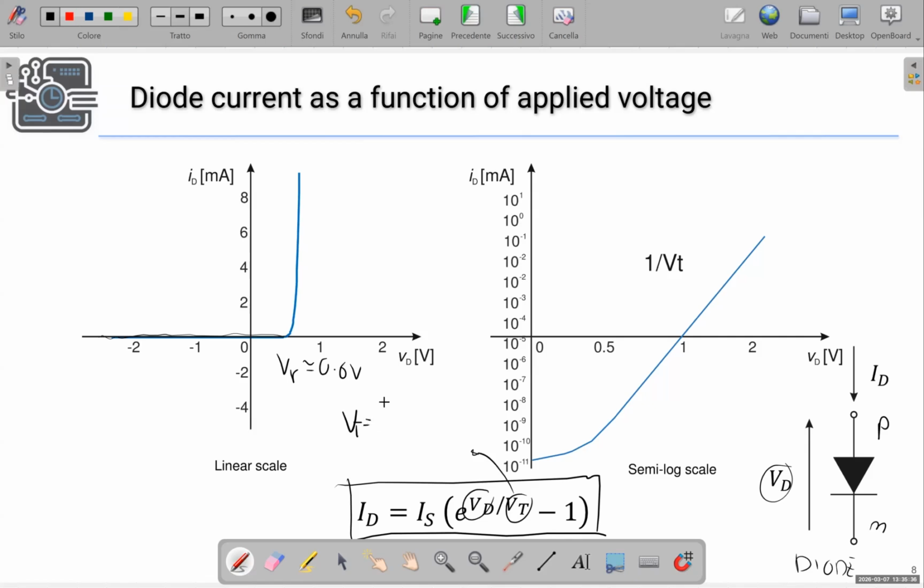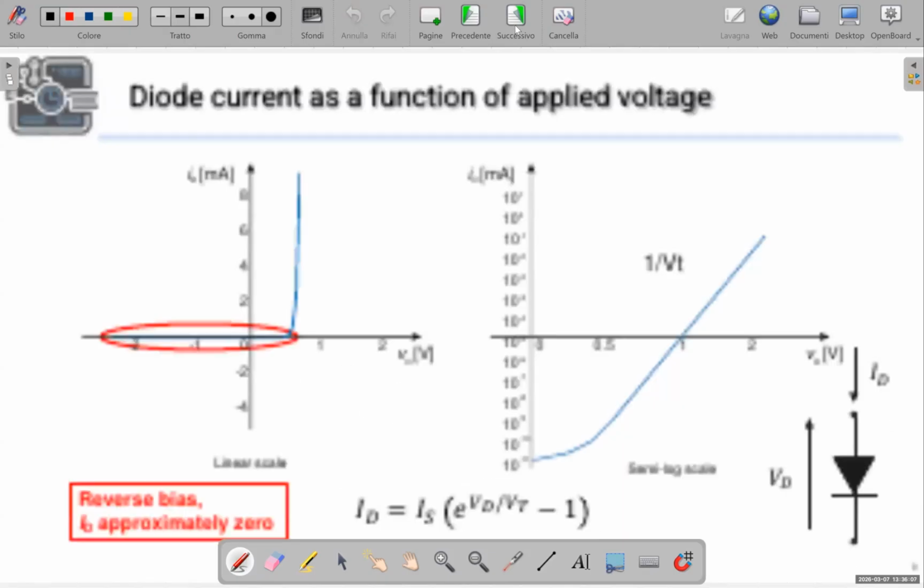Vt is kT over Q, where k is the Boltzmann constant, T is the absolute temperature, and Q is the electron charge. You can note this -1: thanks to this -1, for VD equal to 0, we have that ID is equal to 0, as expected in a stable system.